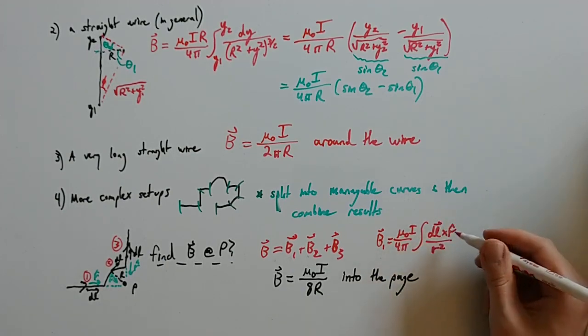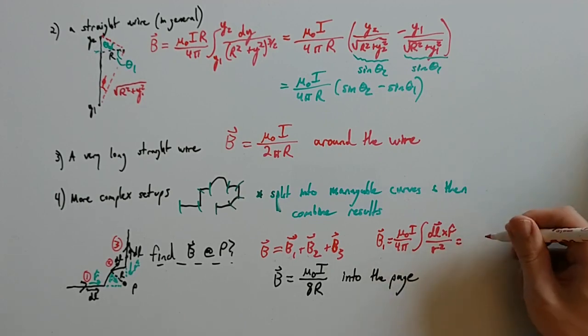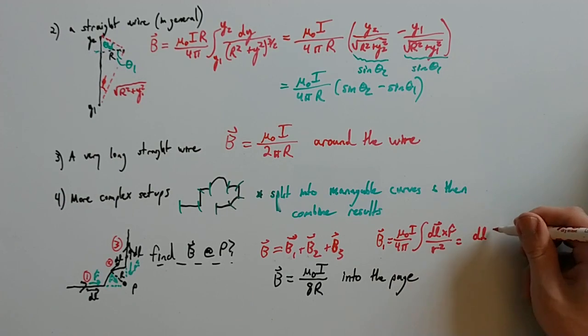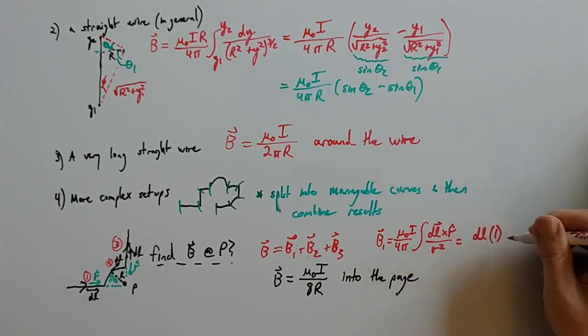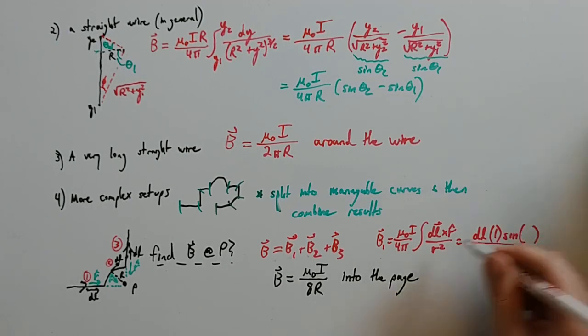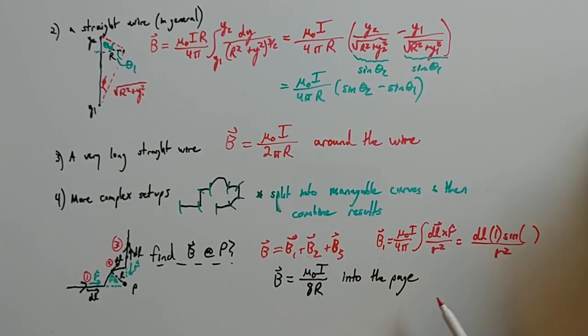So you'll take this cross product for all of them, and remember that the cross product is always going to be dl times the magnitude of r hat, which is always just 1, all right, times the sine of the angle between them. All right, and so that is going to be that sine of the angle between. That's going to be really key. All right, this will end up giving you a 0 in 2 cases and a 1 in the one other case, and you'll be able to go and integrate from there.